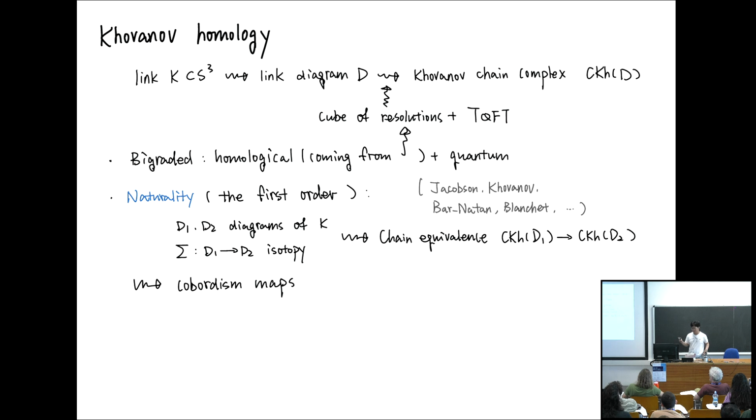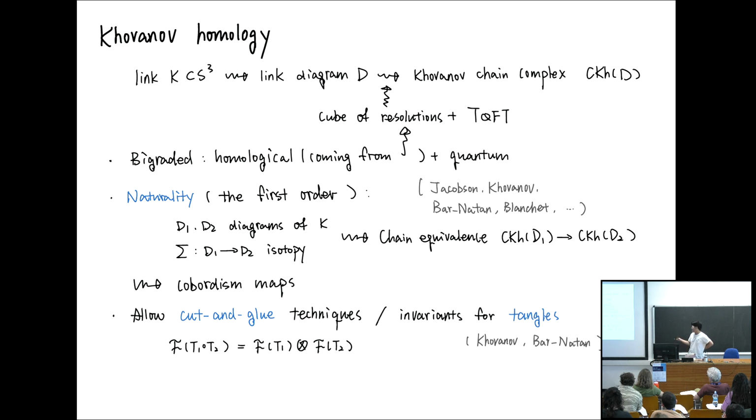It is natural in a certain sense: if you have two diagrams for this link K, and you have two models of this Khovanov chain complex, then after picking an isotopy, or an equivalence class of Reidemeister moves, you have a well-defined chain equivalence between these two chain groups. And if you do slightly more work, that gives you the cobordism maps in Khovanov homology. That is many people's work.